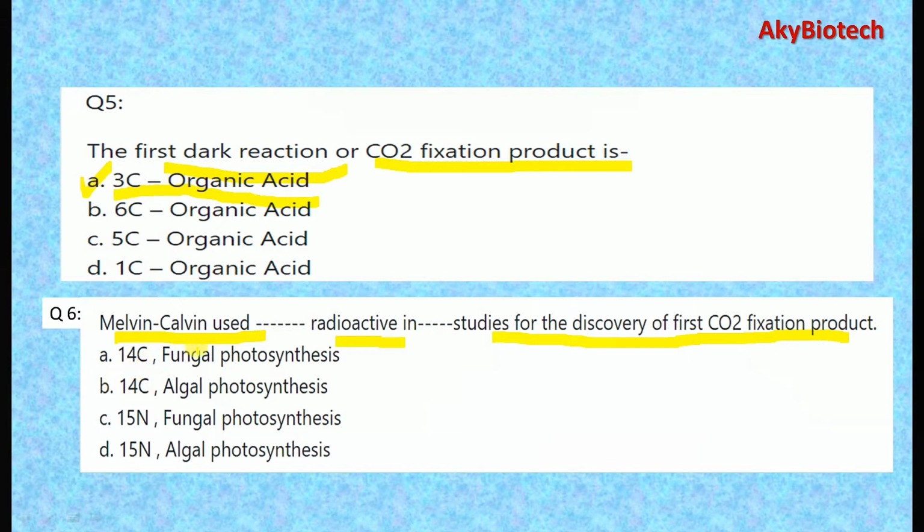So we have to fill in the blanks for this. Melvin Calvin used 14C radioactive in algal photosynthesis studies. He used algal photosynthesis.